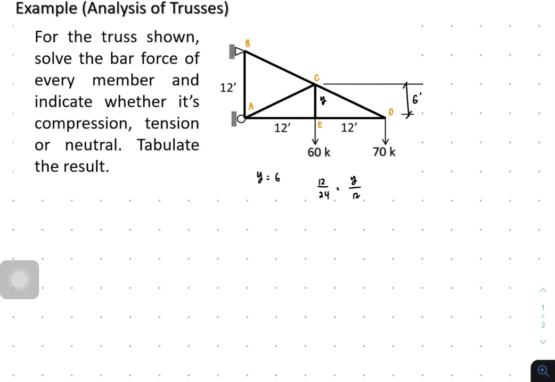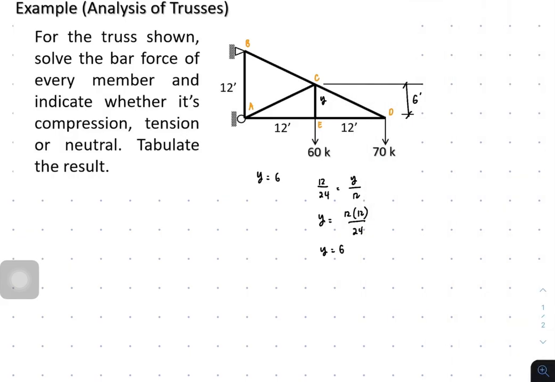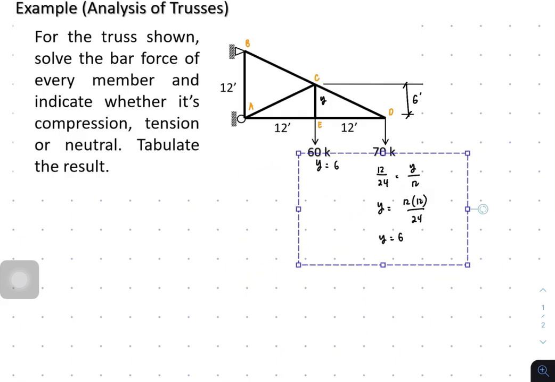So y is equal to 12 times 12 over 24. It's 6. Alright, so anyway, let's just place it here.